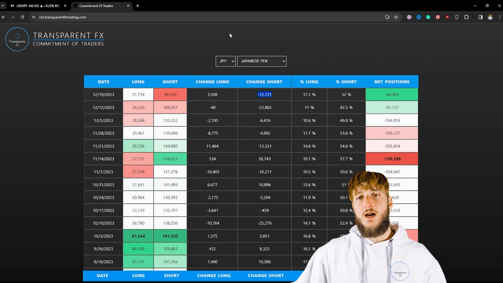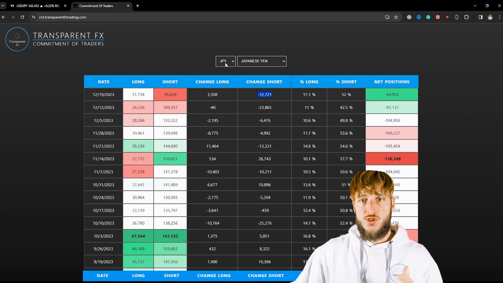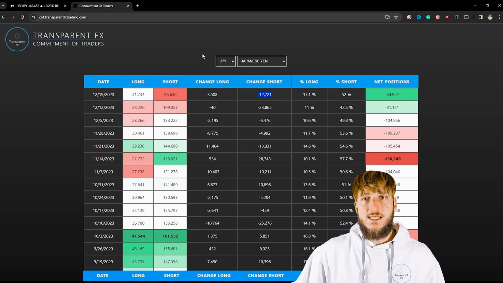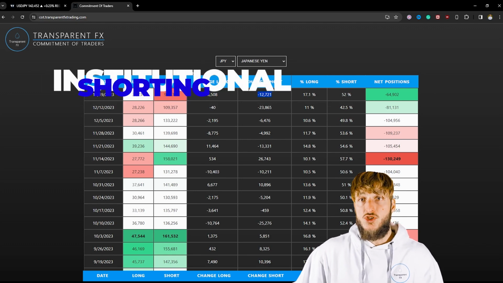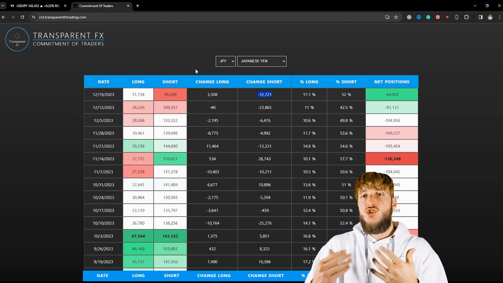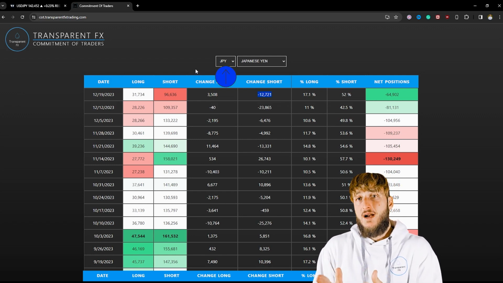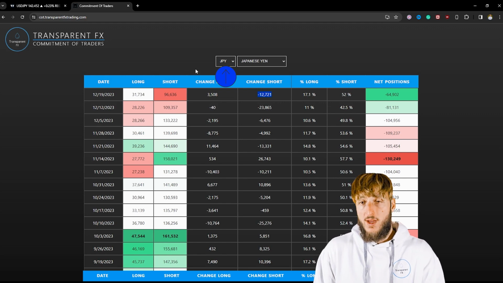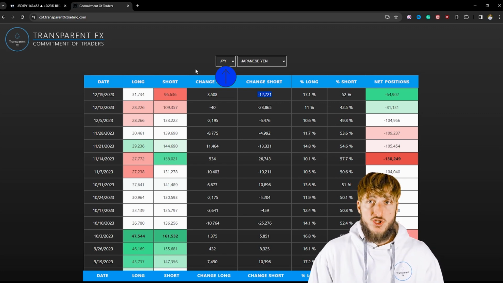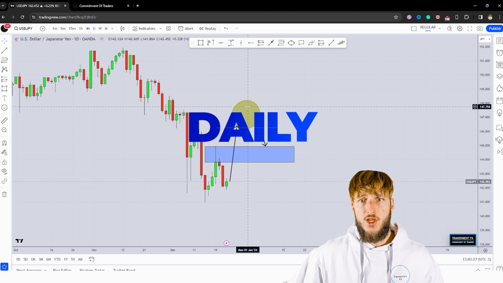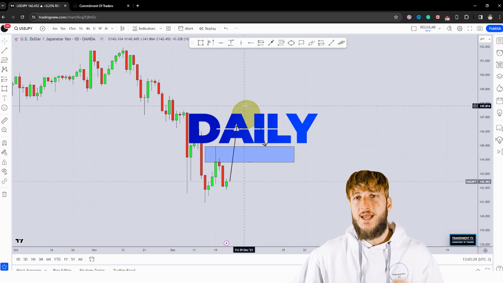So institutions are opening longs and closing shorts on the JPY, meaning that essentially they are shorting USDJPY, because if they are longing the JPY and every currency on the spot is traded against the USD, they are actually shorting USDJPY in order to long the JPY. That is quite clear. So clearly USDJPY is getting weaker.